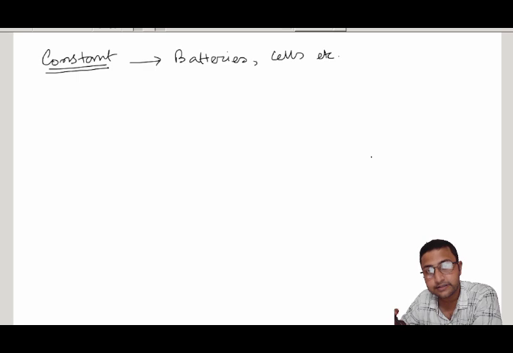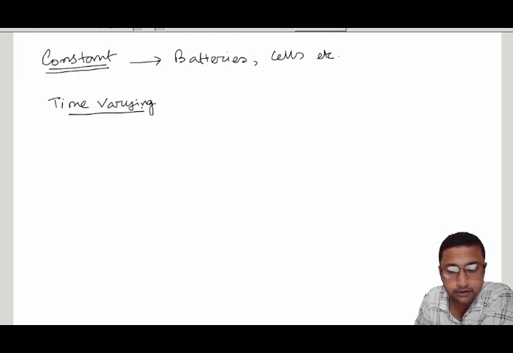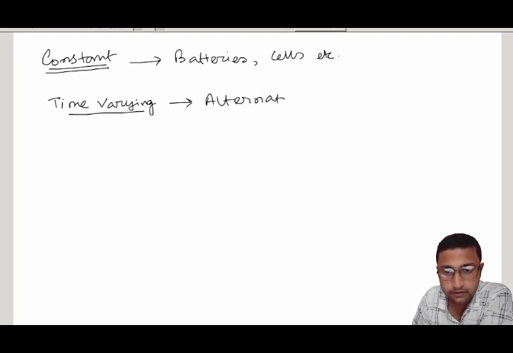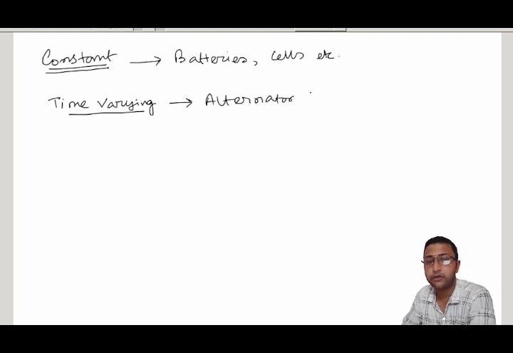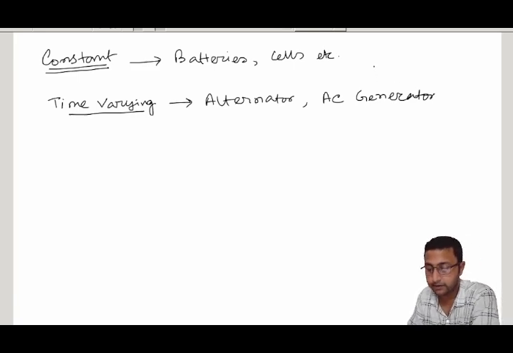It only changes with respect to time, not with respect to the input voltage or input current. This is called the time varying voltage source or time varying current source. Examples are the alternator, also called the synchronous generator or AC generator.